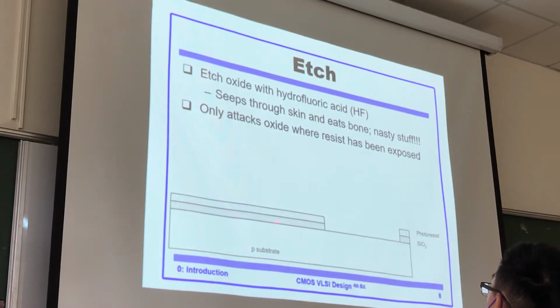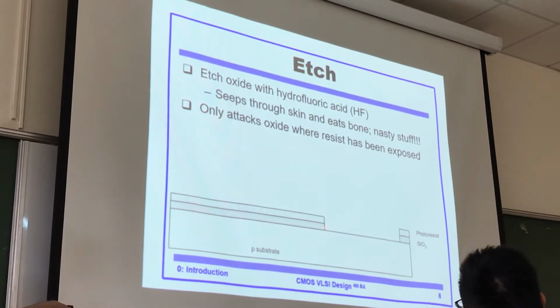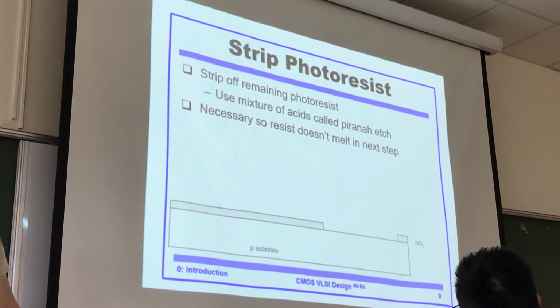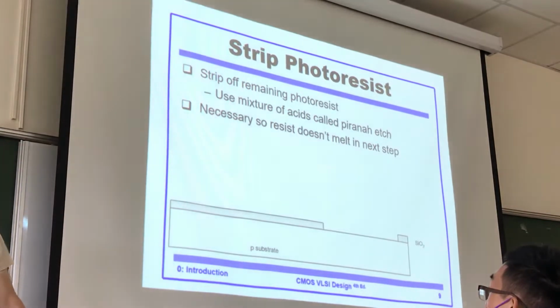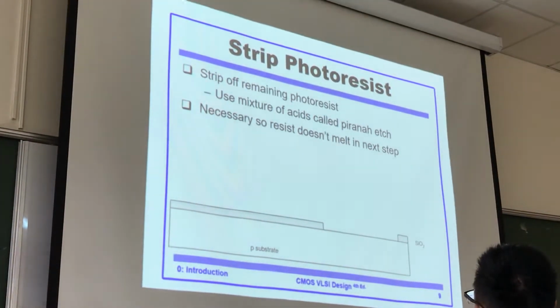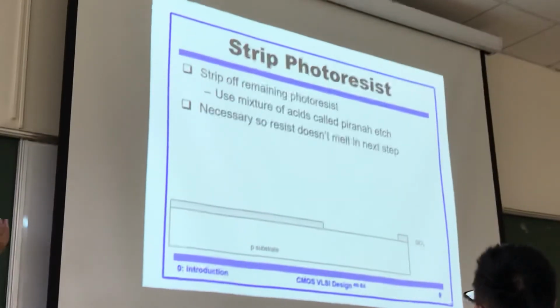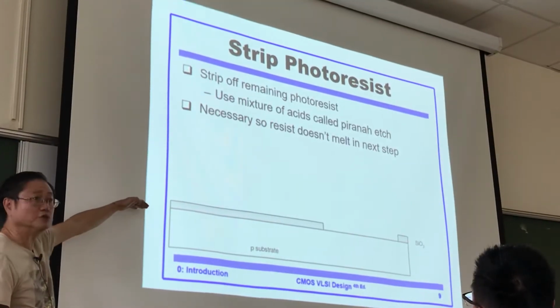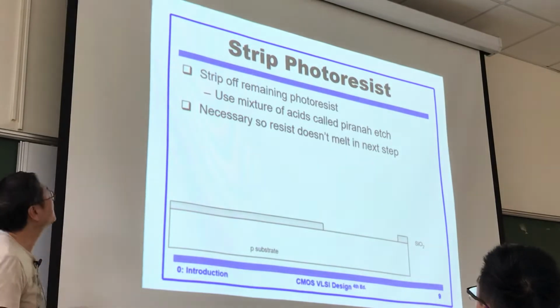For this part, there is no exposure at all, so the SiO2 is still there. For this SiO2, it's gone. And then you can strip the photoresist. Take off the photoresist. Now we have already built the layer of SiO2 on the silicon wafer.